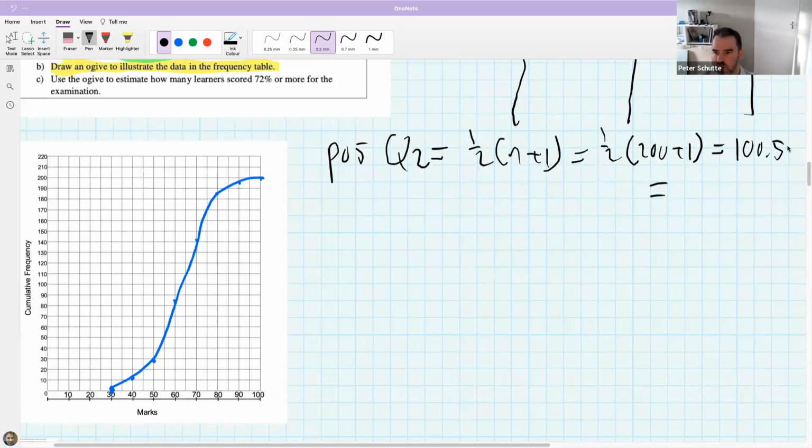That's its position. Now, where is the position 100.5? I think it's going to be here. What do you think the value is that goes with position 100.5? What mark is the median mark for these?